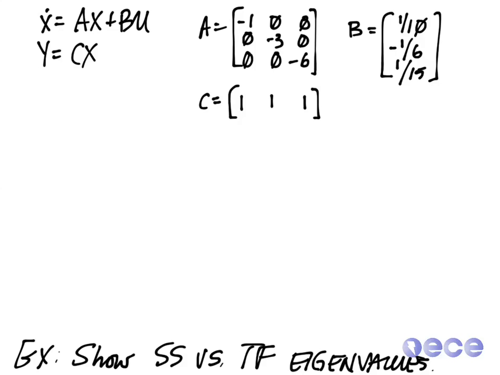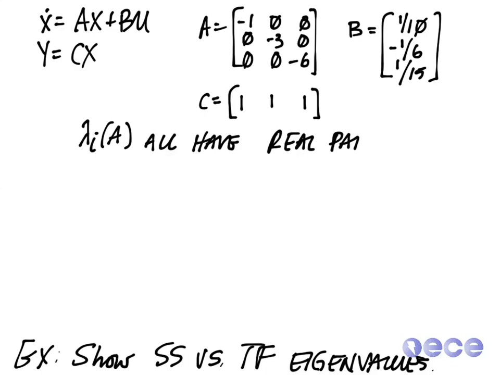So with the system in this form, it's important to note that all the eigenvalues of A have real parts, and those real parts are all less than 0.